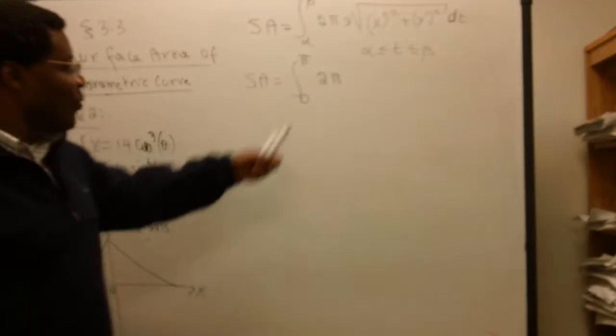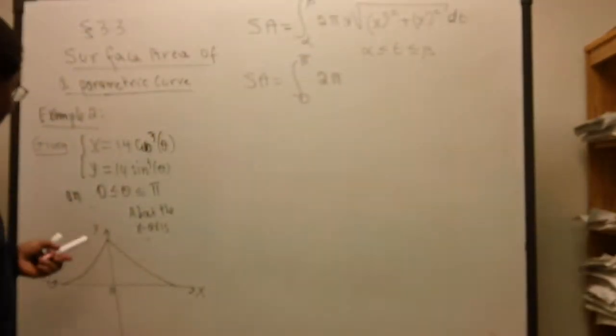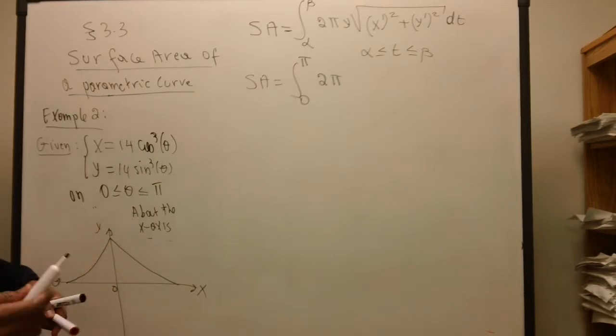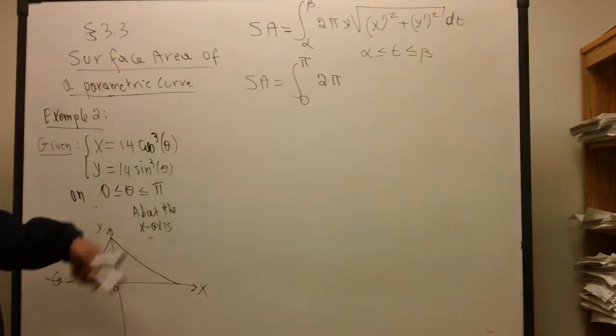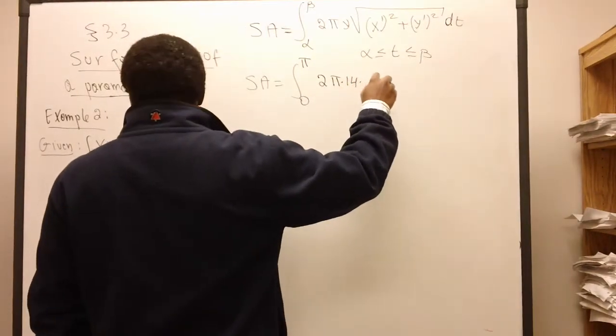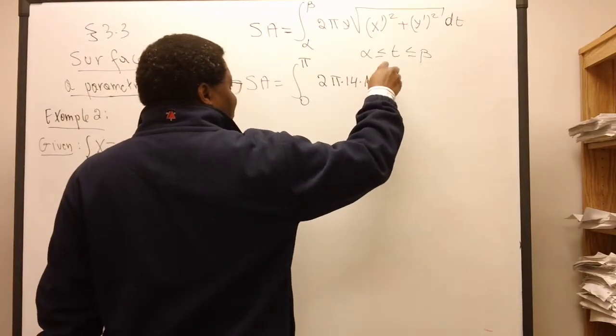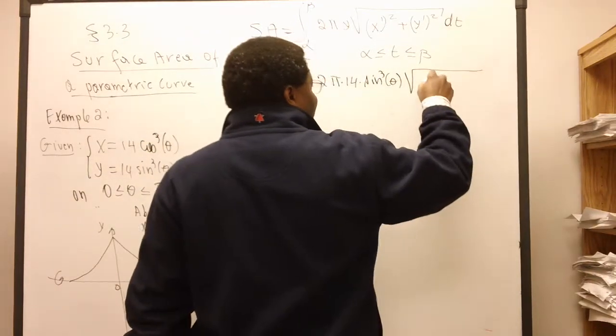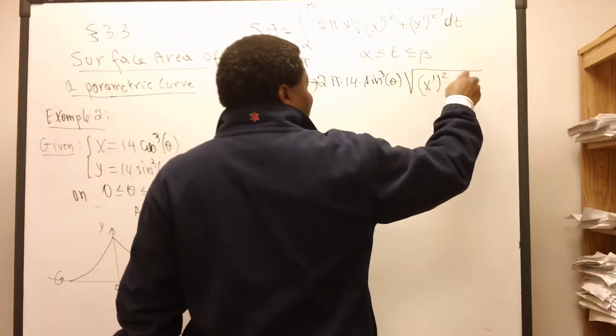Now y is given as 14 times sine cubed theta. So we replace y with 14 times sine cubed theta, and then we can multiply this by the surface element that we need to find.